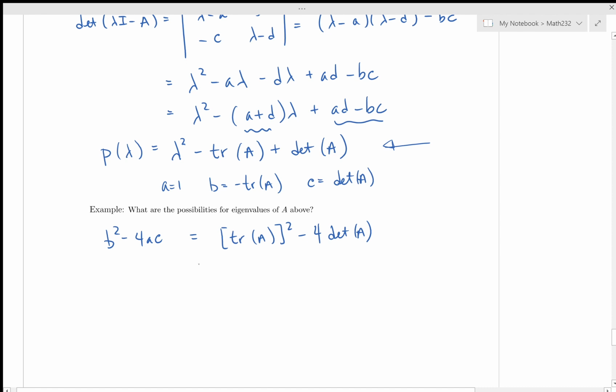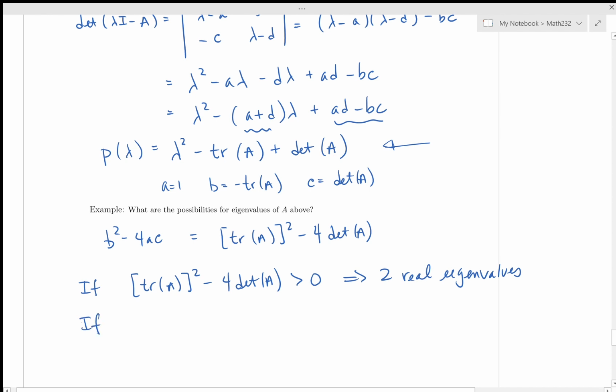If the trace of A squared minus 4 times the determinant of A is greater than 0, that leads to us having two real eigenvalues.